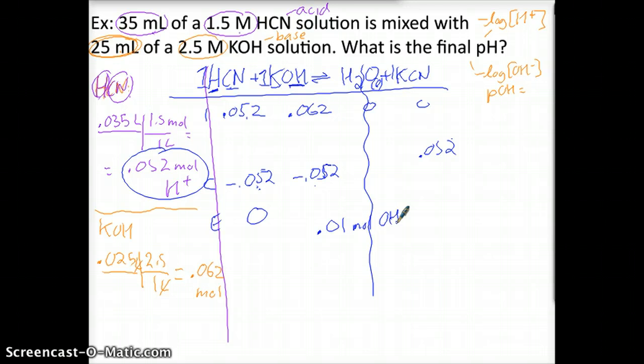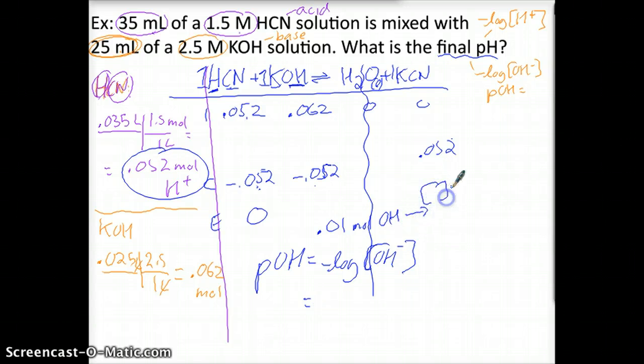Okay, well, what can I do with that? I need to get the final pH. So I have OH, so that means I'm probably going to need to calculate the pOH. pOH is negative log of OH minus concentration. I don't have concentration yet, I just have moles. So to get concentration, it's moles per liter. 0.01 moles, but now this is a trick. You got to think, how many liters do I have?